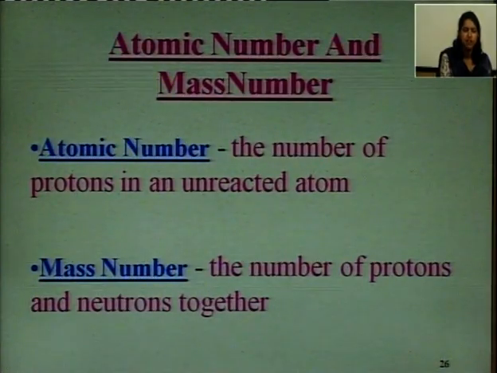So, atomic number, as you all know, is the number of protons which are present in the atom. And what is mass number? Mass number is the addition of the number of protons and neutrons together.